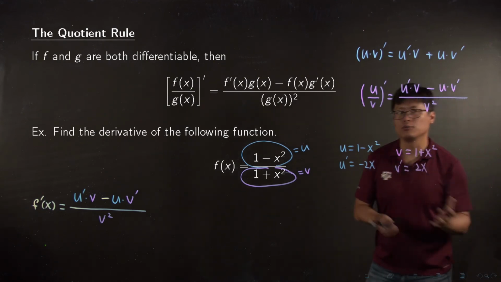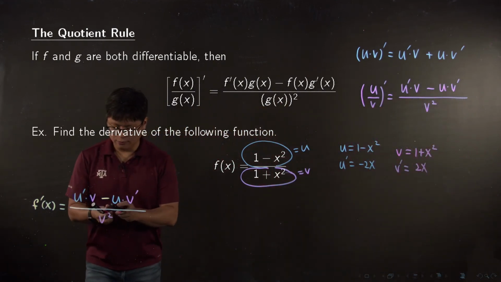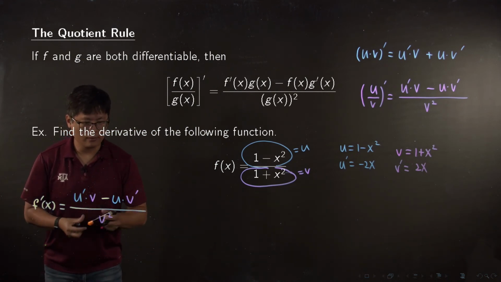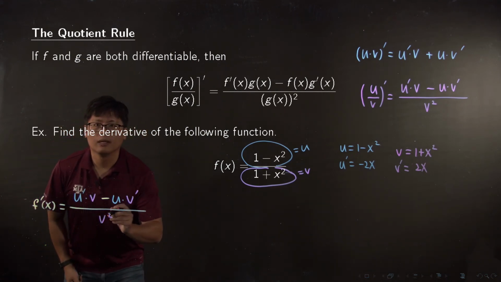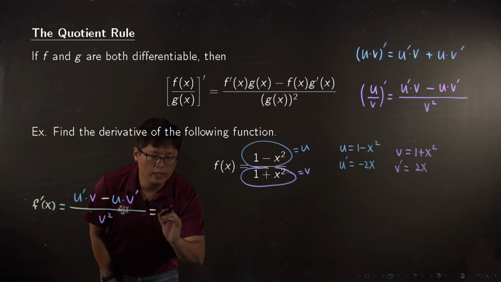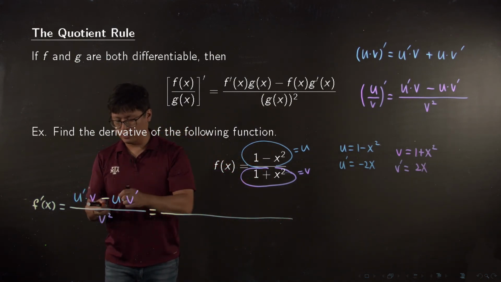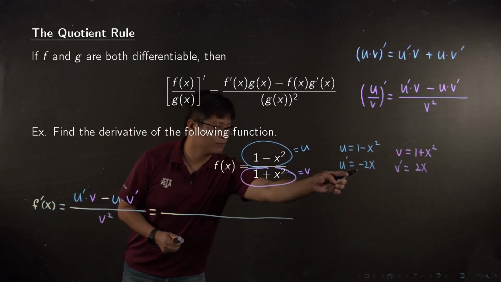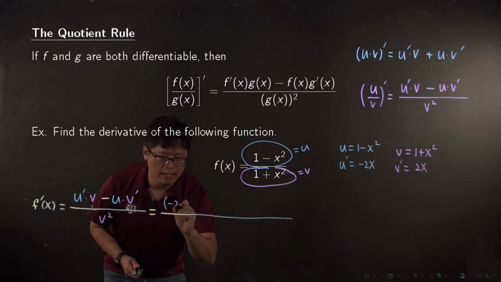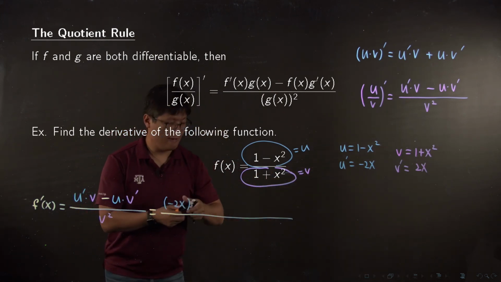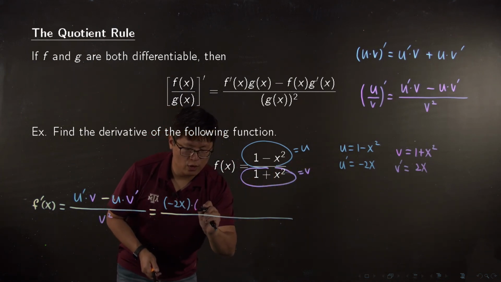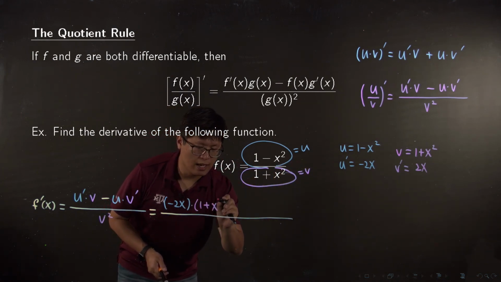Now it is time to do the puzzle. Here we go. It is equal to, we need a big fraction. And the first piece, u prime, minus 2x times v, which is 1 plus x squared.